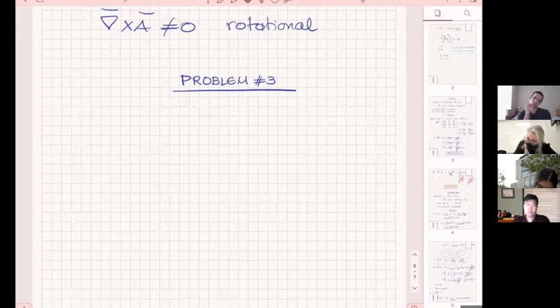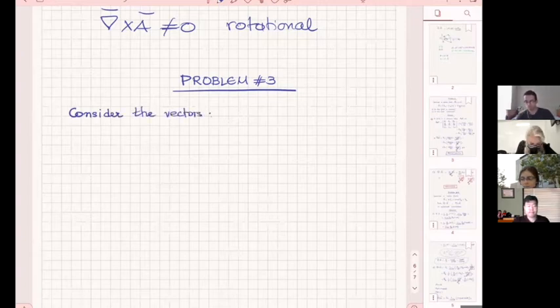So consider the vectors. A equals A sub x times x plus A sub y times y.